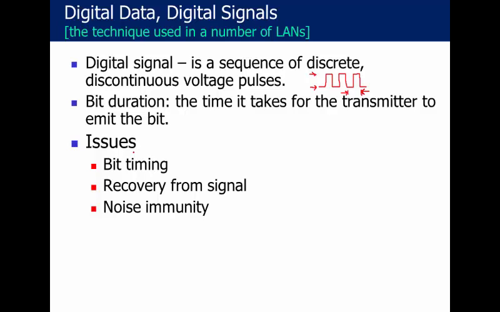In digital data communication, there are issues that we always consider: bit timing, recovery of signals after we modulate, and noise, a lot of interference. More interference occurs in wireless communication. So this is one of the major issues.